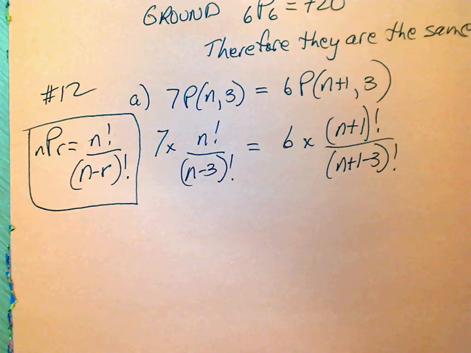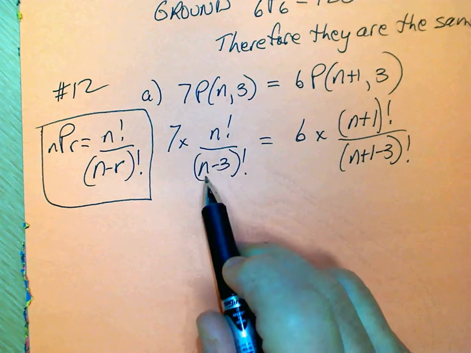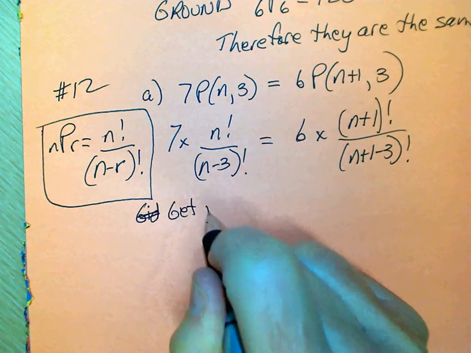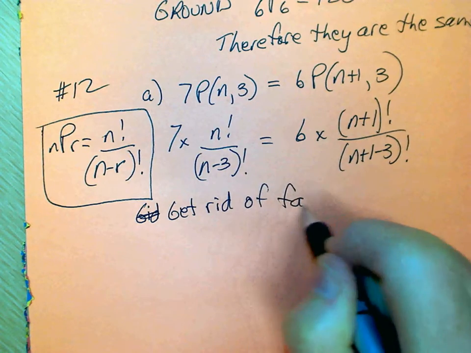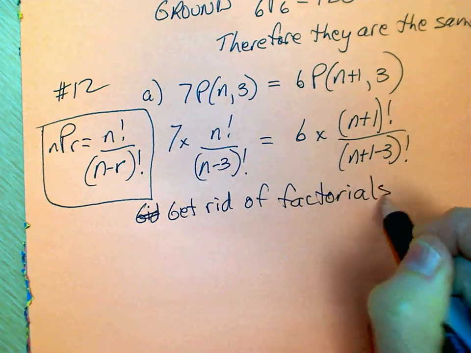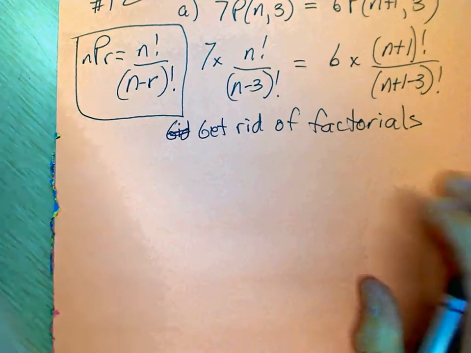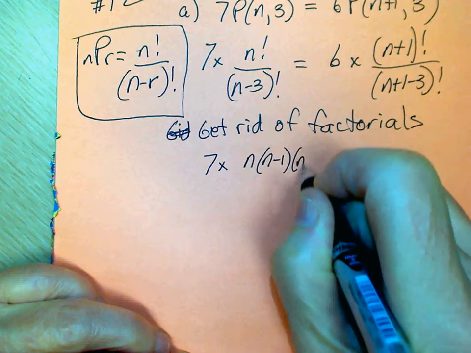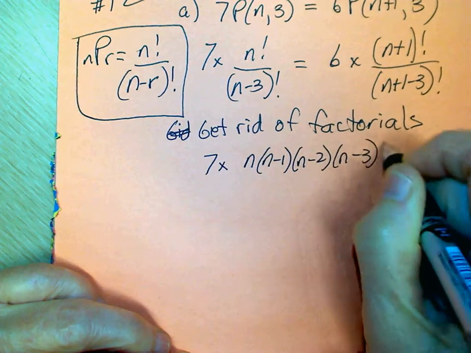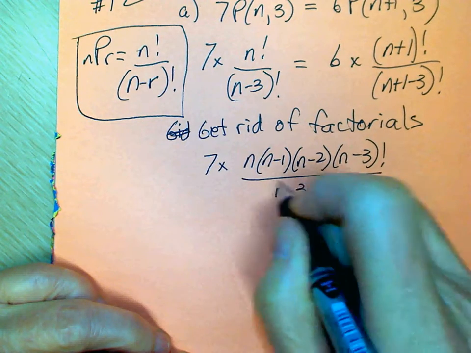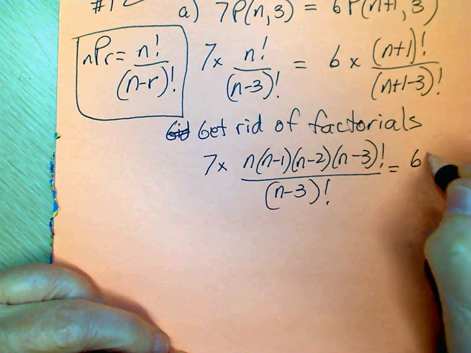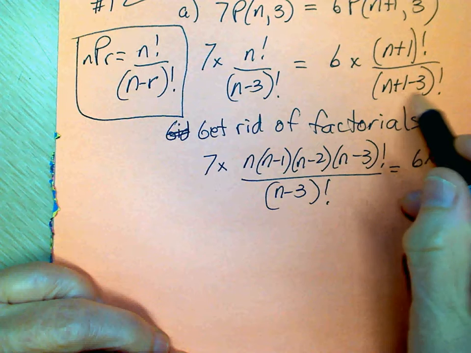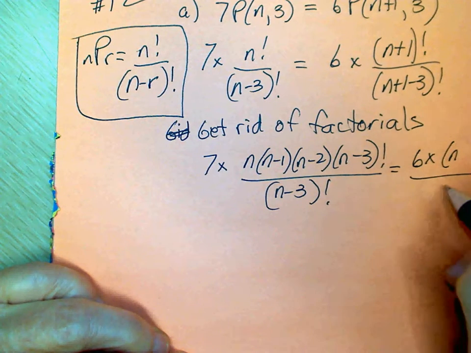Okay, let's see what we can do with this. Well, we're going to have to get rid of factorials in order to be able to solve. So, just as before, 7 times n times (n minus 1)(n minus 2)(n minus 3) factorial, all over (n minus 3) factorial, is equal to 6 times (n plus 1) factorial over (n minus 2) factorial.